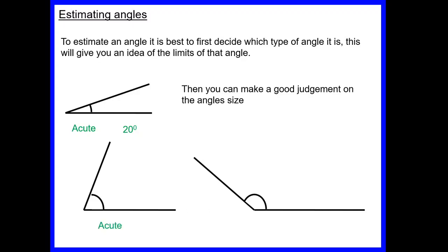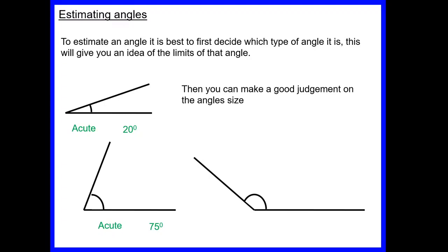There's one at the bottom then. This one is also acute, so we can see it's less than 90, but it's much nearer to 90. So I've said about 75, so again, anywhere sort of between 70 and 80 degrees is probably a reasonable estimate.